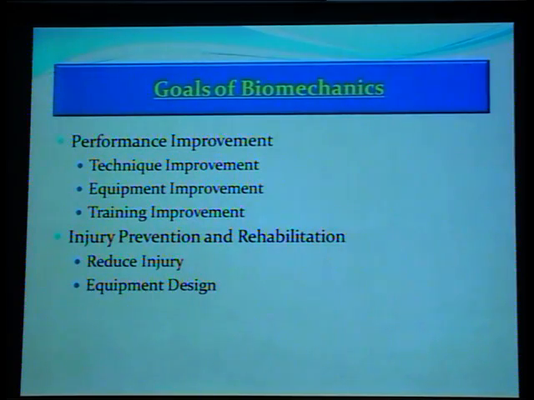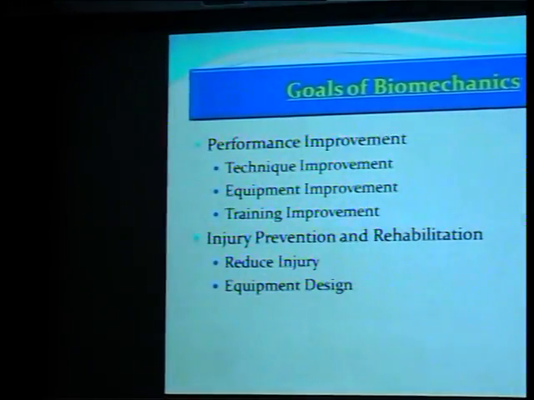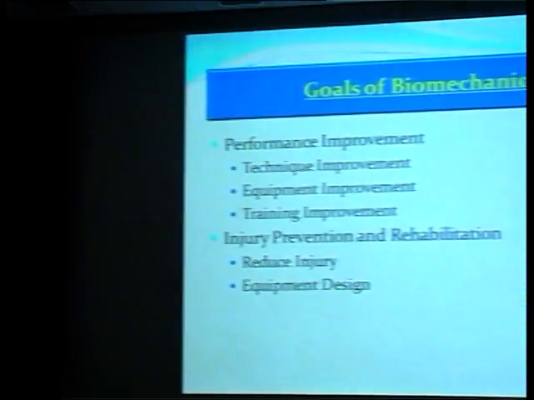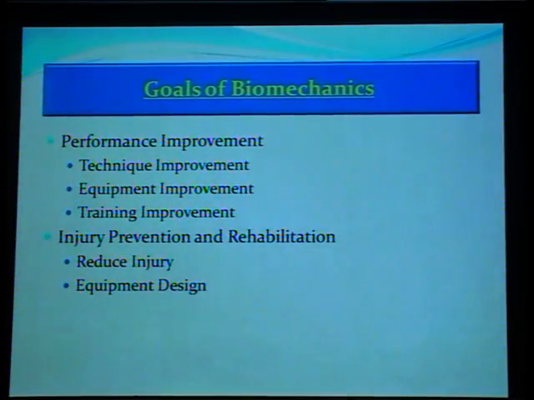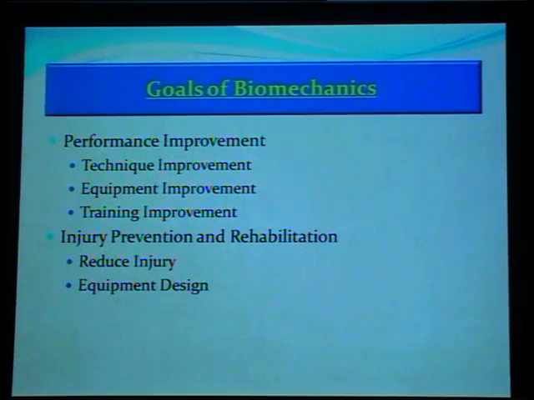So what are the goals that you're trying to achieve here? You're trying to look at performance improvement. You're looking at the technique, whether it could be a bowler, a tennis player, a football player, or a running athlete. So you're looking at how to improve this technique. Looking at equipment improvement.